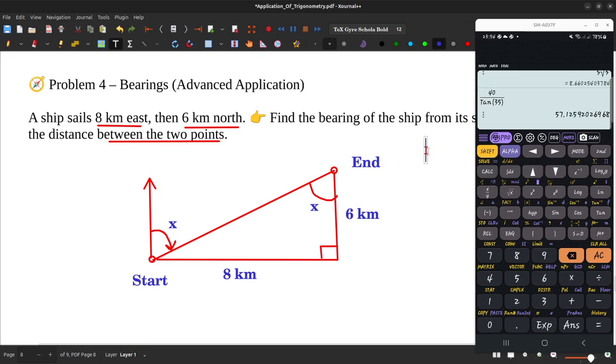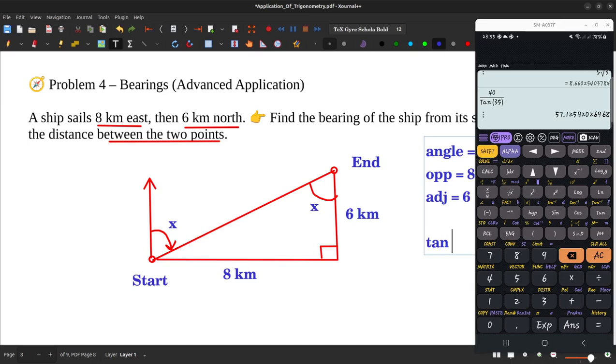So to find the value of x, our angle is x. And then opposite to the angle, it's 8. Then adjacent, it's 6. Now still we're using tan.